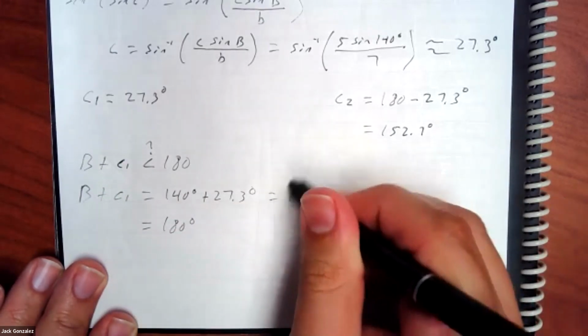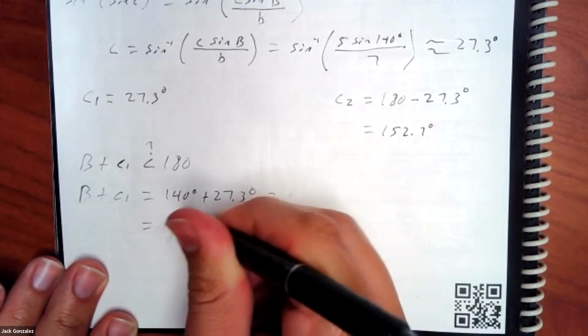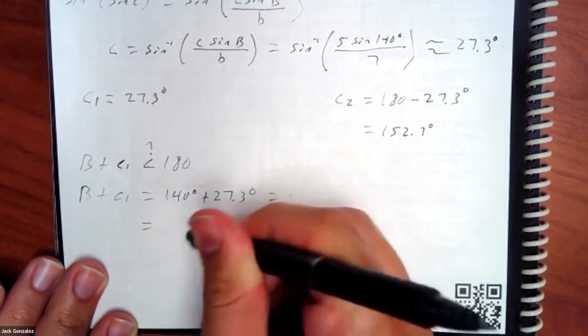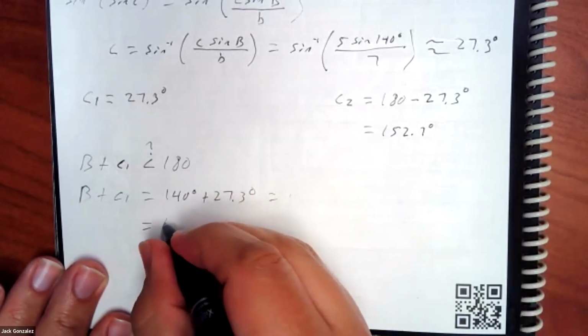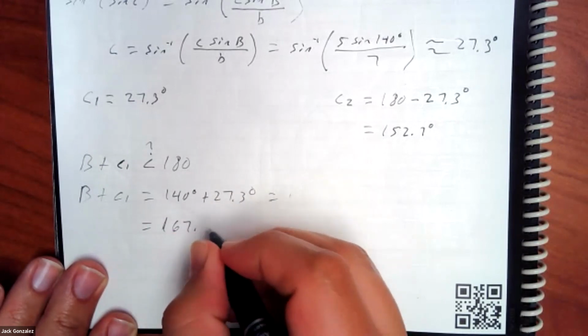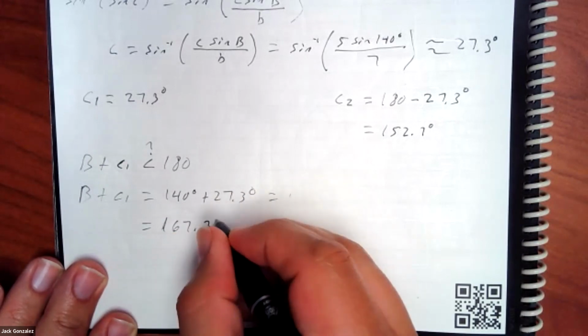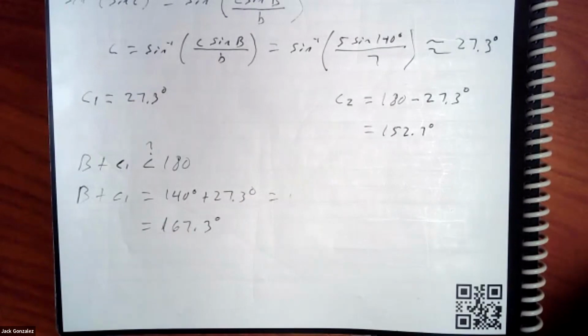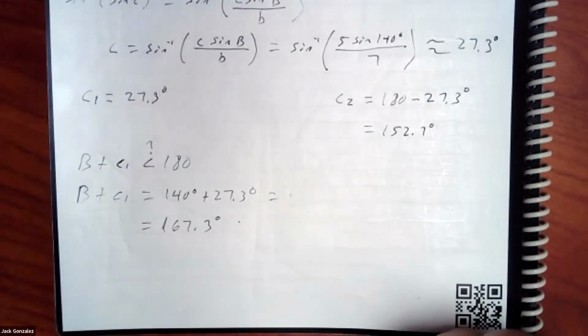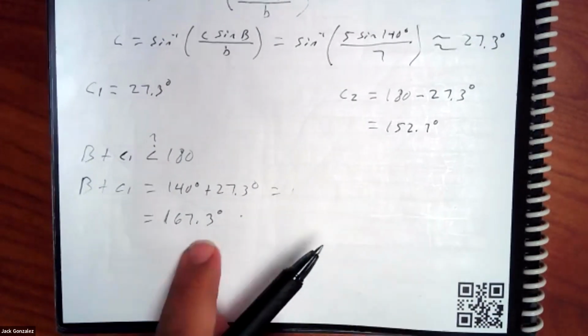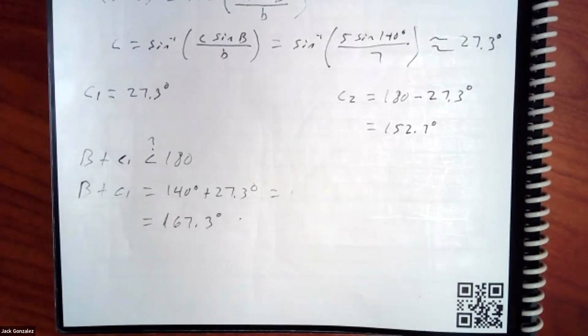No, sorry, that's not true. It's less than 180. It'll be 167.3, which is less than 180. So this tells us that C1 is fine.